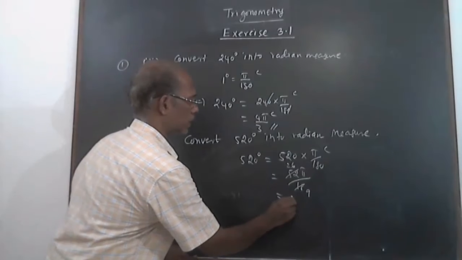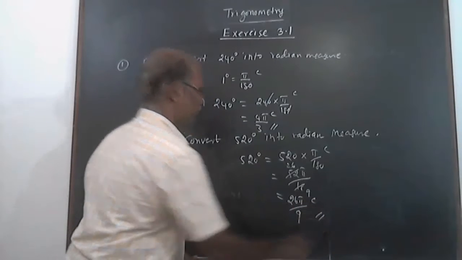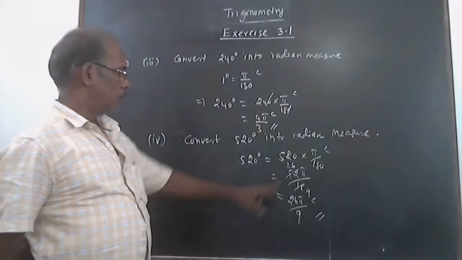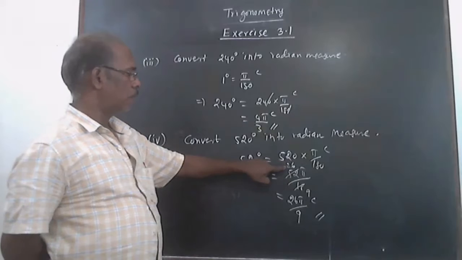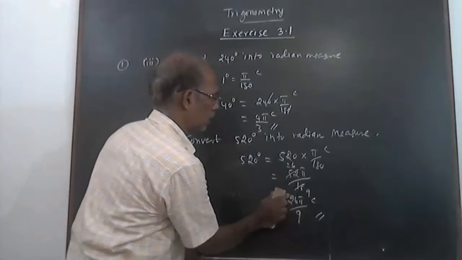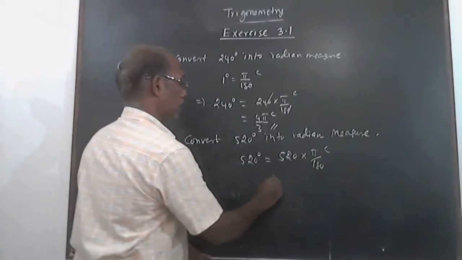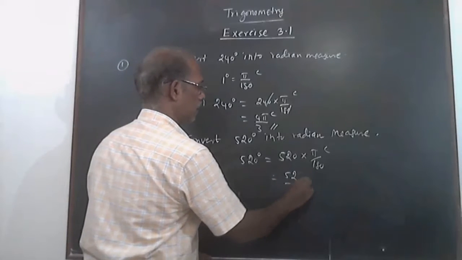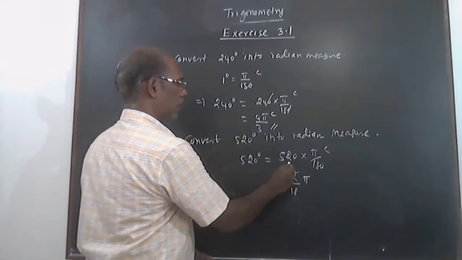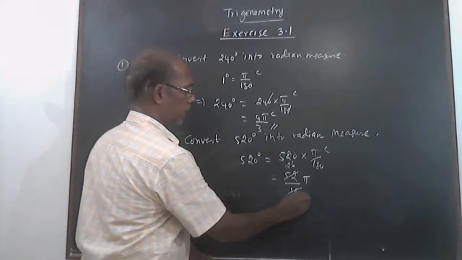So 26 pi by 9 radian is 520 degree. This is 52 by 18 pi; by the 2 table, 26 times 2 is 52 and 9 times 2 is 18.